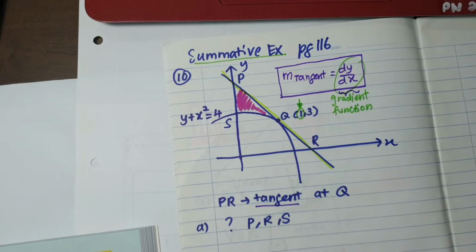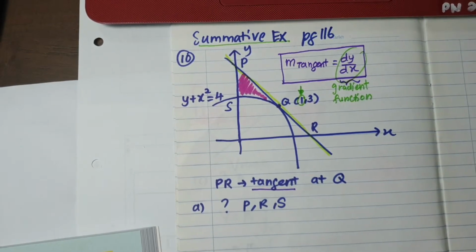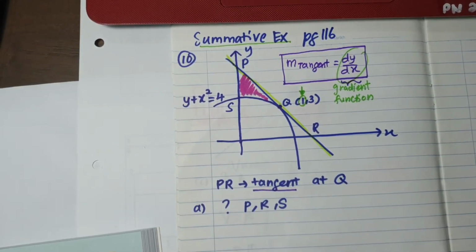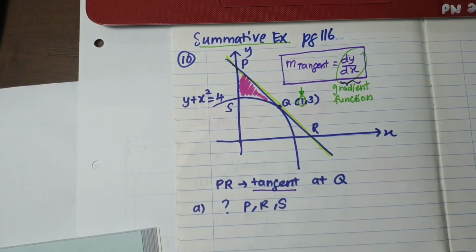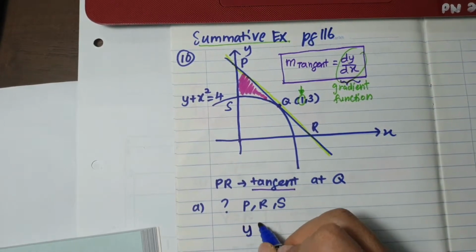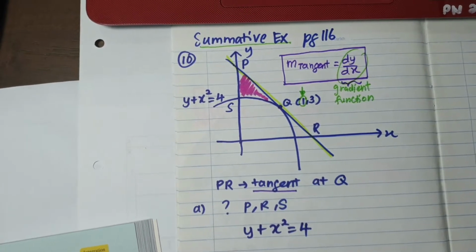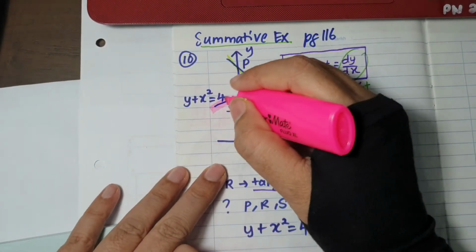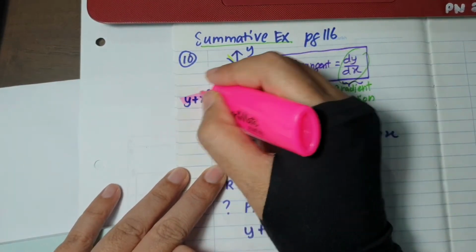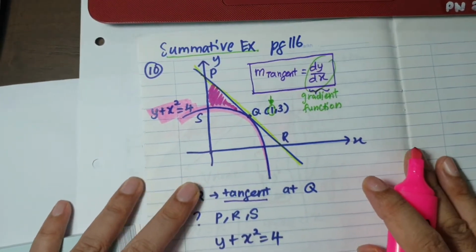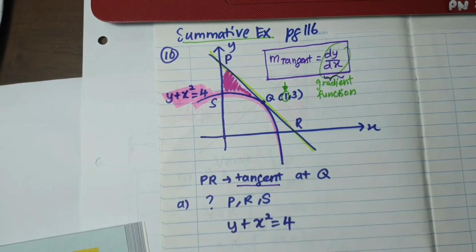So this is the equation of the curve: y plus x squared equals 4. Right, this is the curve, and this is the equation of the curve. So let's find dy by dx.